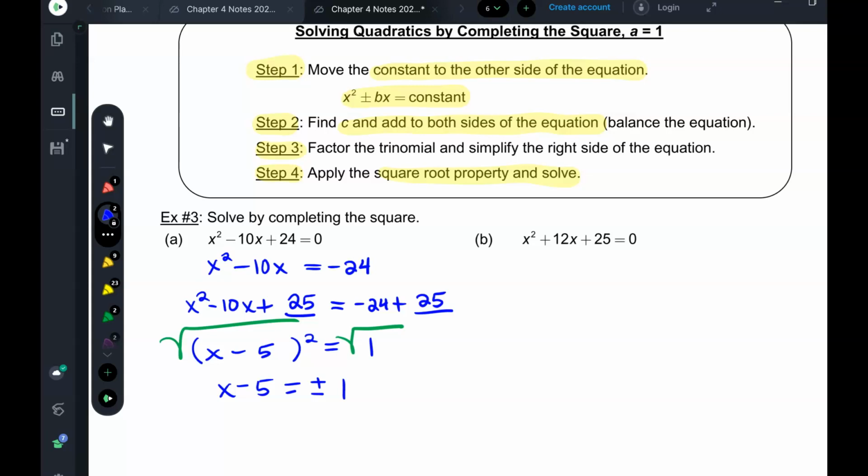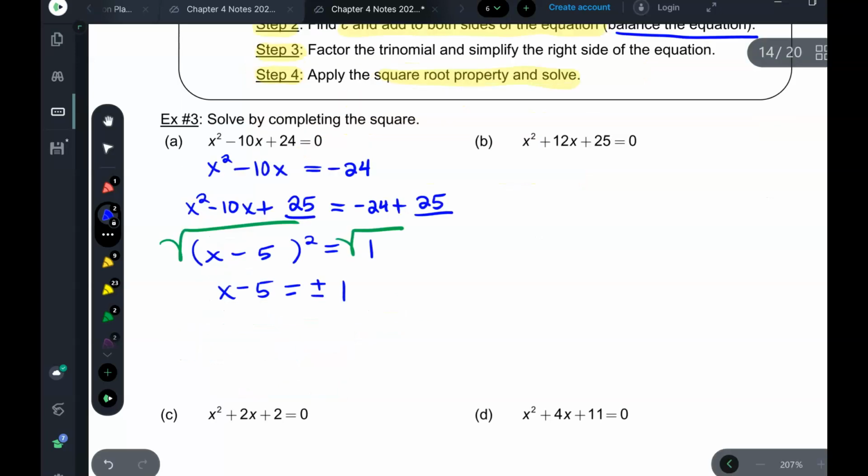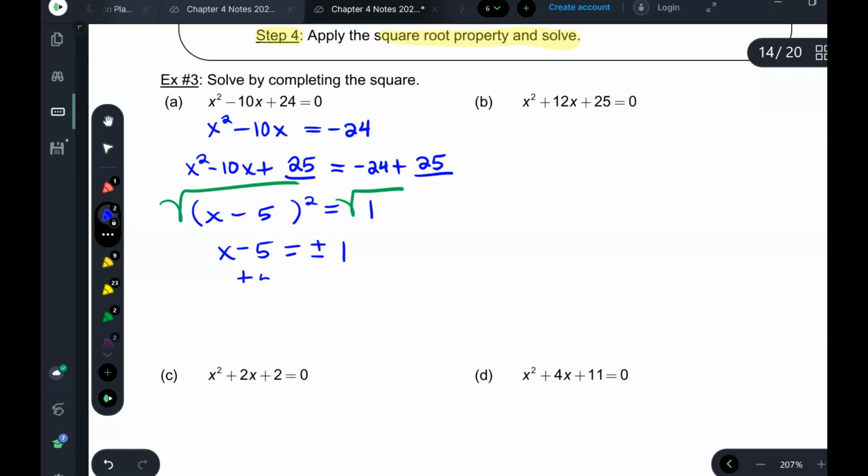Whatever I add to one side, I have to add to the other side. What do we do in algebra? Balance the equation. We go one side, we have to do the other side, right? So it'd be x equals 6 and 4.